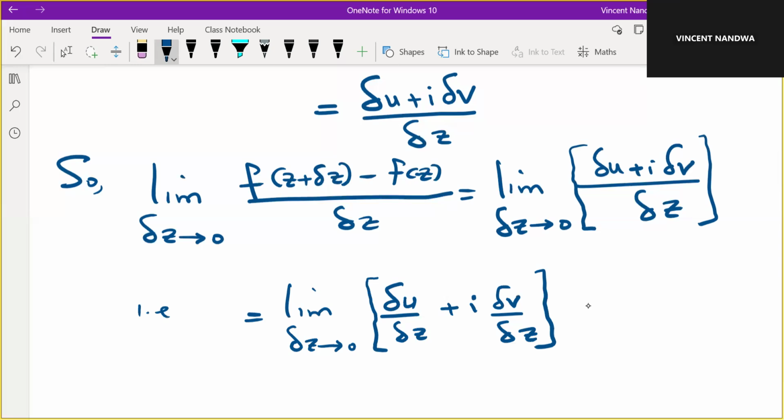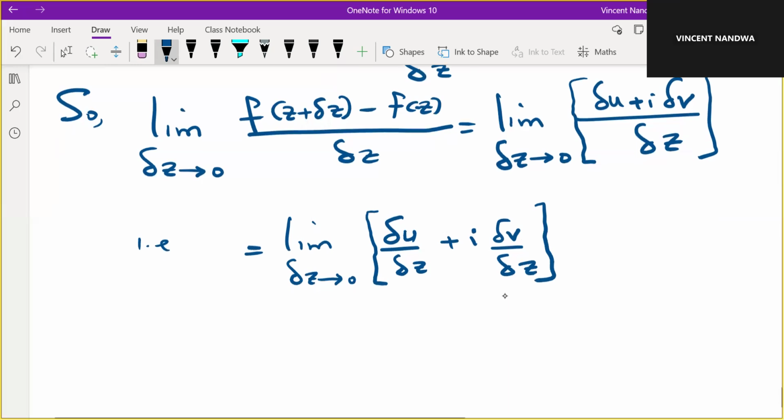So now once you have defined the limit of that difference quotient, you remember that delta z can approach 0 from any direction on the complex plane.